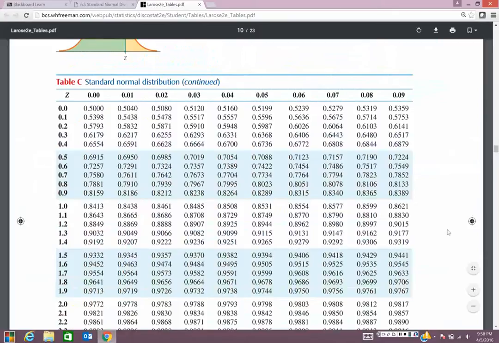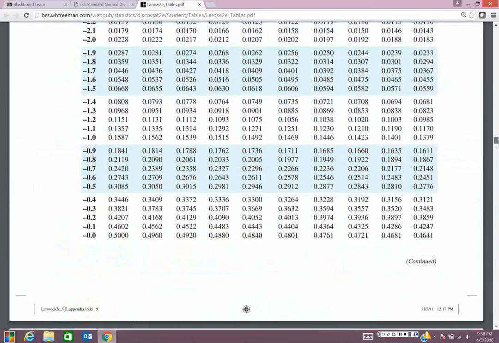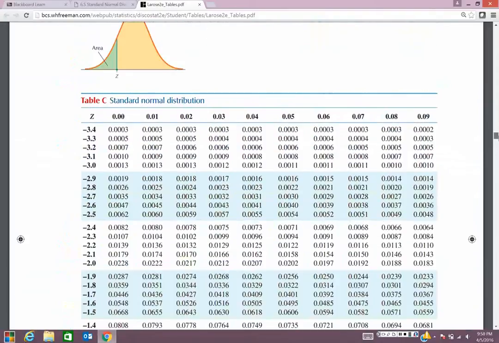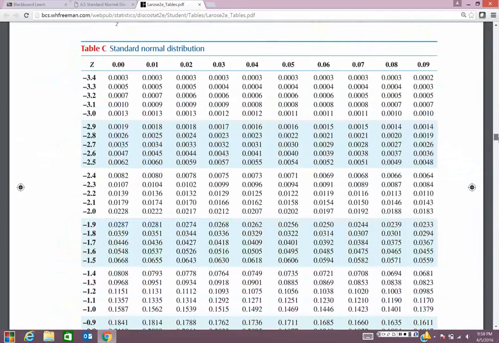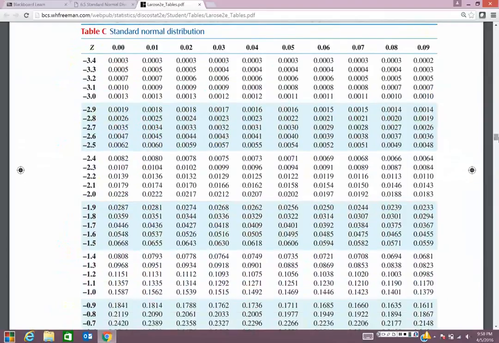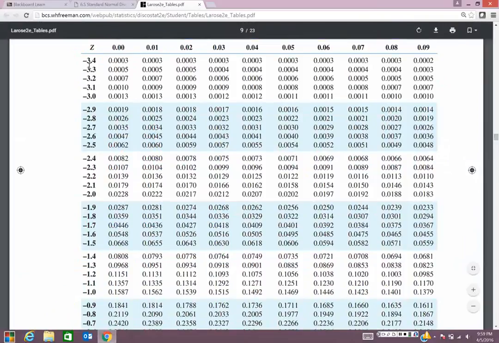So we'll be able to locate our Z. If we know what the Z is, we'll be able to figure this thing out. So for example, let's look at this Z here, negative 3.4.